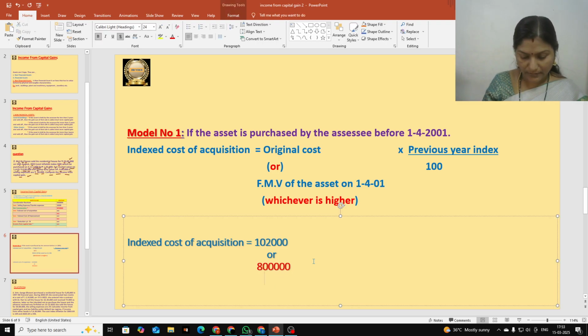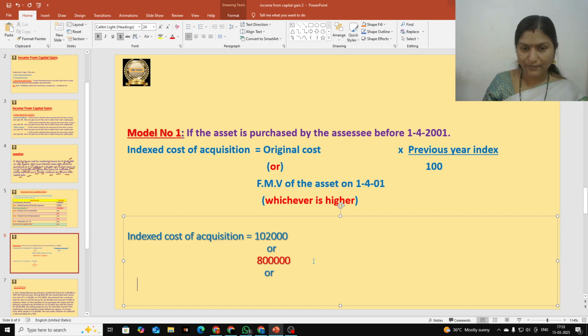I am writing here: or stamp duty value. What is the stamp duty value here? 9 lakhs. Out of these two, which one again are we going to select? The least one. Out of 8 lakhs and 9 lakhs, the least one is 8 lakhs. That is why the selected one I kept 8 lakhs in red color only.